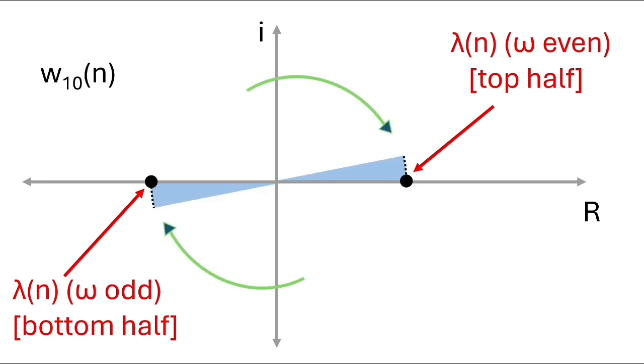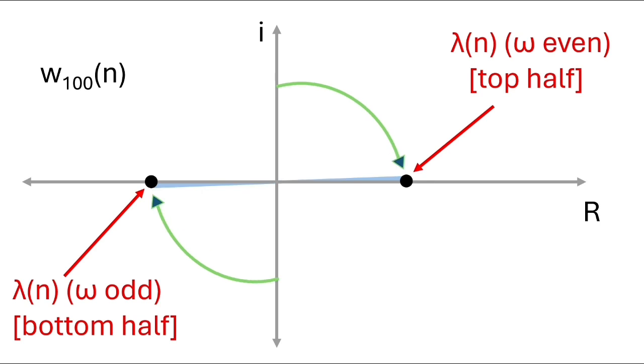It converges when m equals 10. It converges when m equals 100. It squeezes the points into a tinier and tinier little space until in the limit, as m goes to infinity, W just becomes the lambda function.